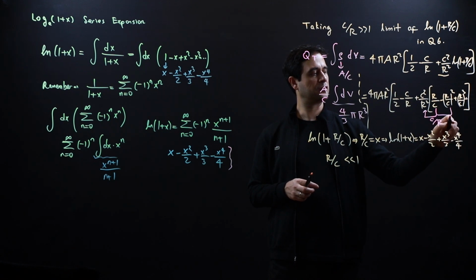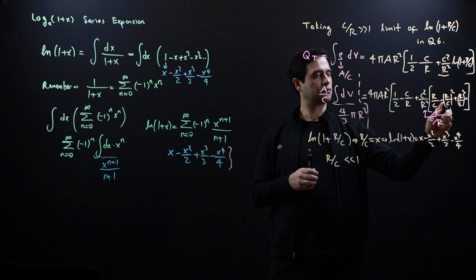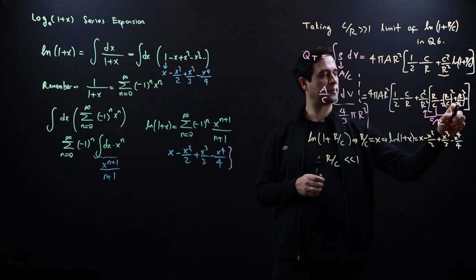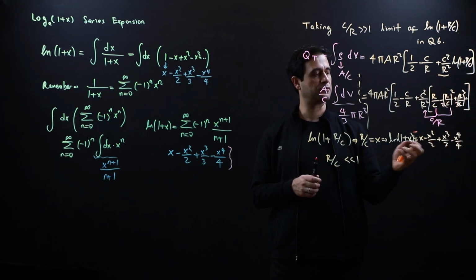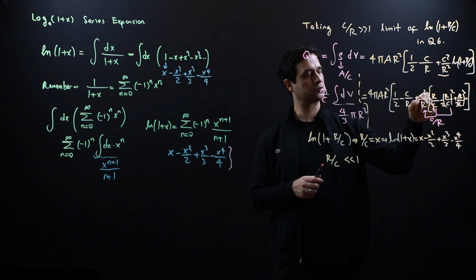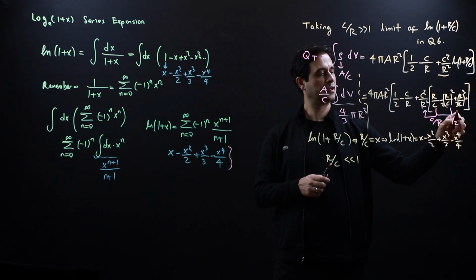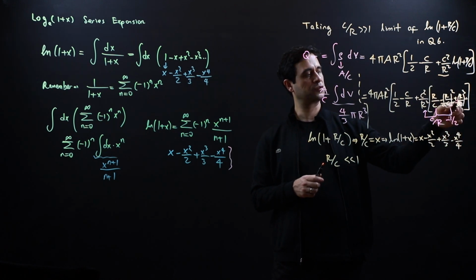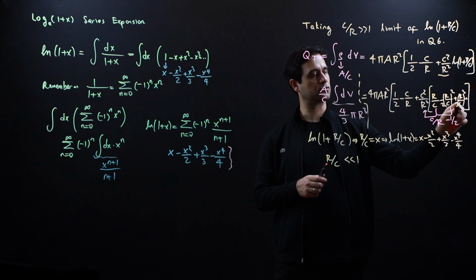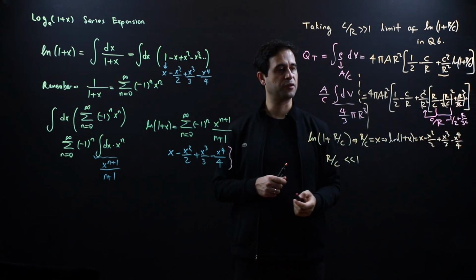This times that gives you minus, and you have r over c squared with a 2 in here and a 3 in here, right? 2, 3, and 4. And this gives you r squared over c squared, which exactly cancels, and you only have minus 1 over 2. And the final term gives you r squared over c squared cancels, and you're left with r over c with 3 in the denominator.